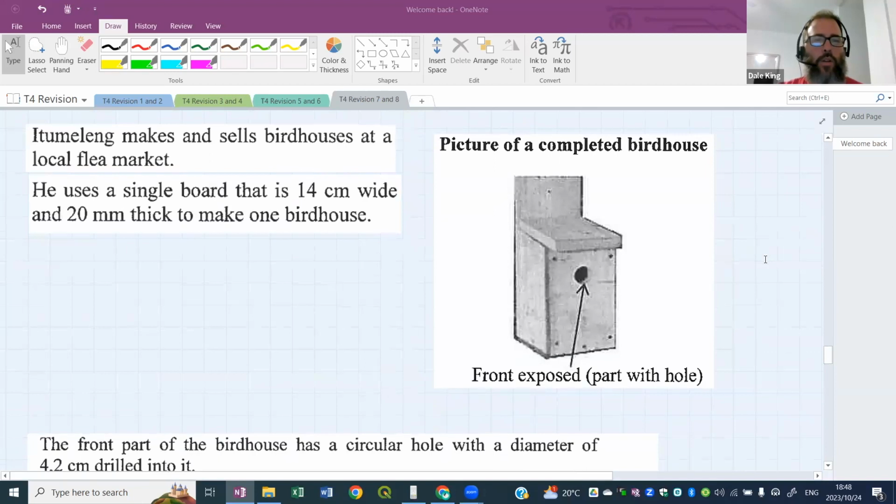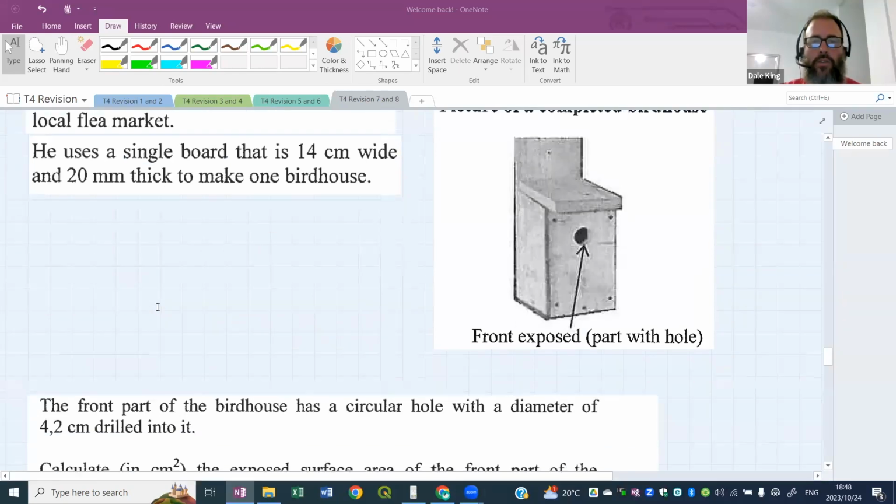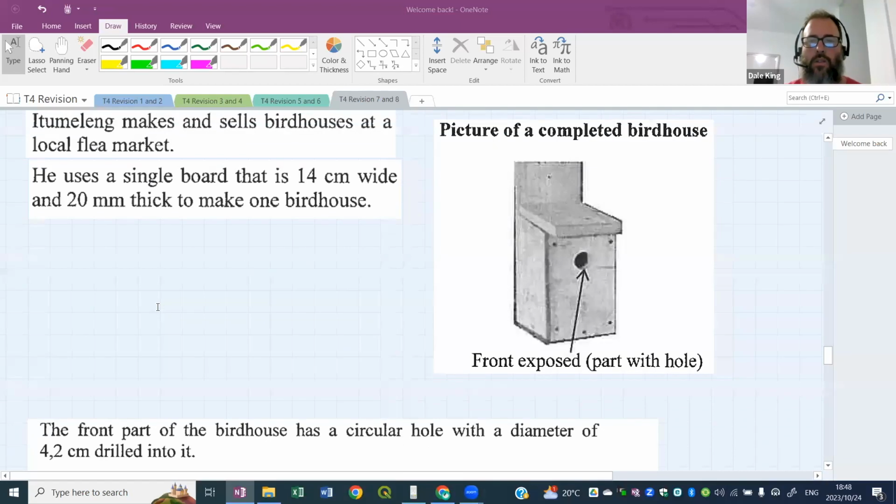Itumeleng makes and sells birdhouses at a local flea market. He uses a single board that is 14 centimeters wide and 20 millimeters thick to make one birdhouse. So there is a birdhouse and it's a wooden box. And obviously there is a hole in the front that you can see, and that's where the bird goes into that wooden box.